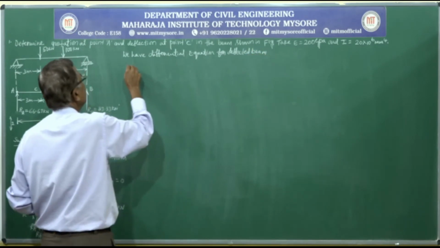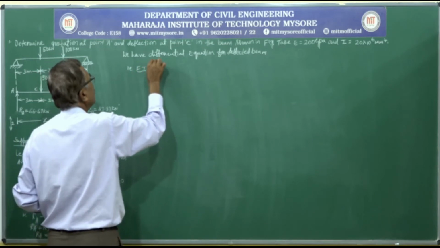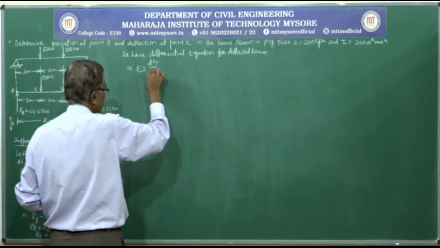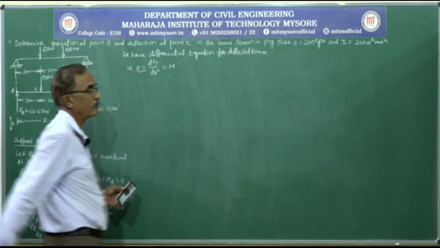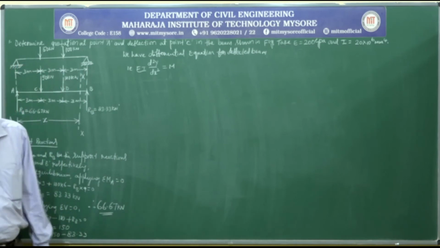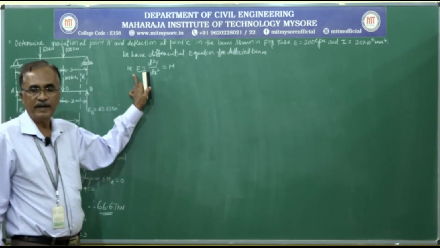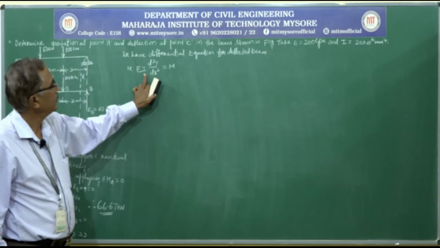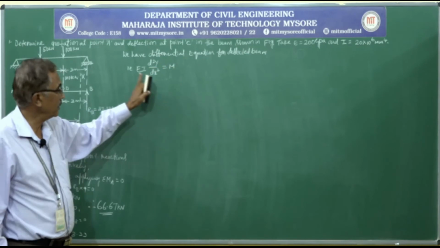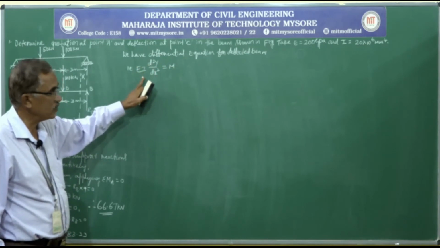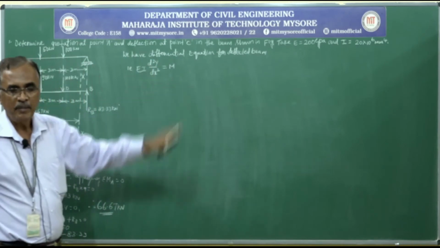That is EI into d square y by dx square is equal to M. So this is the differential equation for deflected beam. In this differential equation, the product EI is known as flexural rigidity and M is the bending moment about the section.